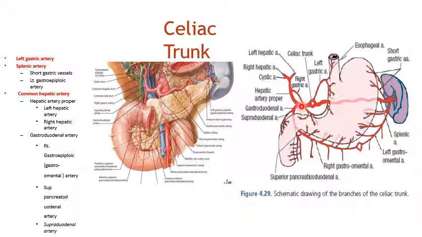Then it runs upwards in the right free margin of the lesser omentum in front of the portal vein and to the left of the common bile duct. यहाँ पर right free margin है lesser omentum की and here it enters the lesser omentum and it lies in front of the portal vein, means anterior to the portal vein and to the left of the common bile duct.